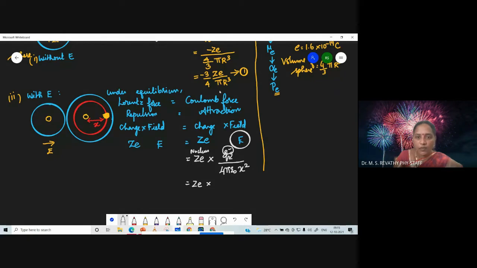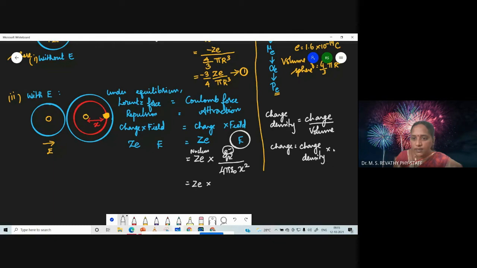So with the help of this equation, we are just going to substitute for Q. You know that charge density is equal to charge by volume. This is the same thing we saw in the beginning. And what about charge? Charge is equal to charge density into volume.